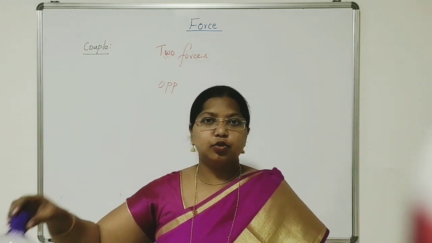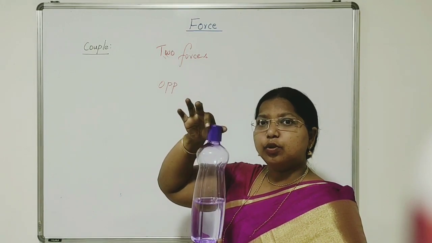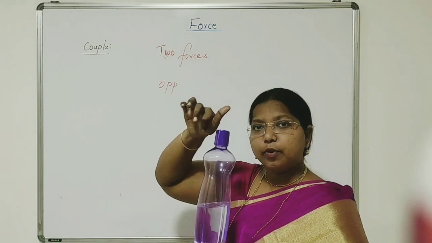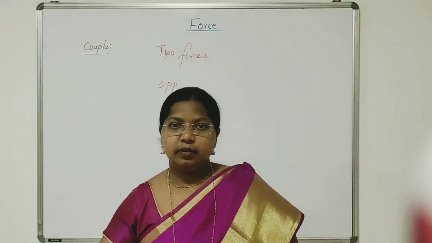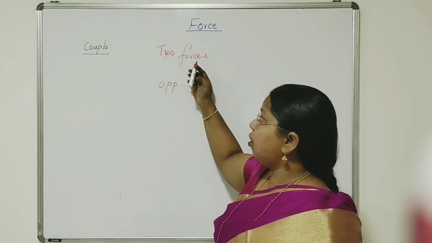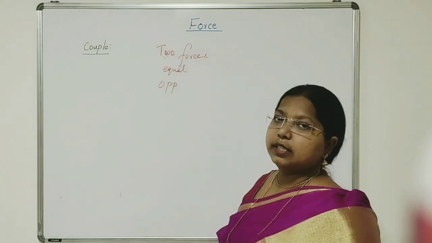I am applying two forces, one on this side and the other on the opposite side, and these two are equal and opposite. So I am applying equal and opposite forces to open the cap, two forces of equal magnitude.